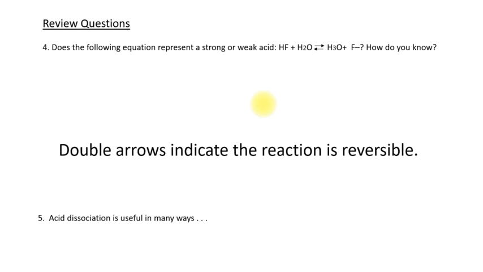All right, here's what I came up with. These double arrows, if you remember, we mentioned before, mean that the reaction that's going on is reversible and it's weaker. So if you see double arrows in an equation, you know that it's weaker. All right?